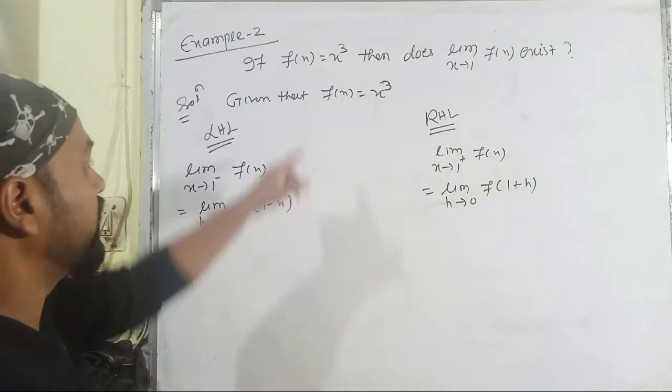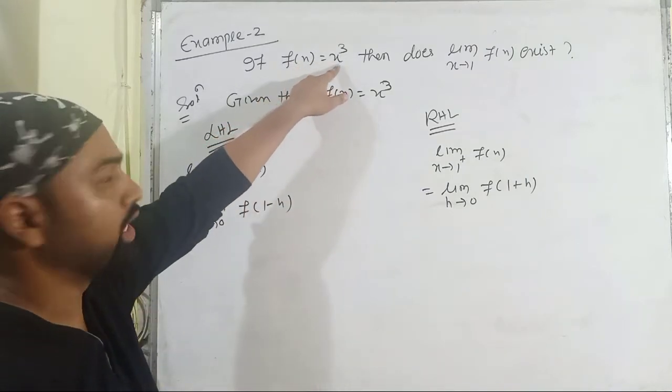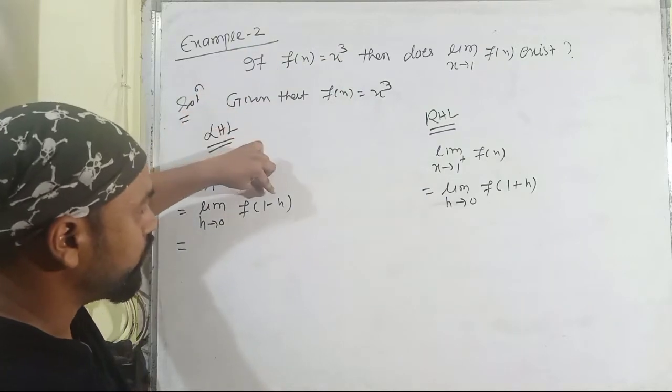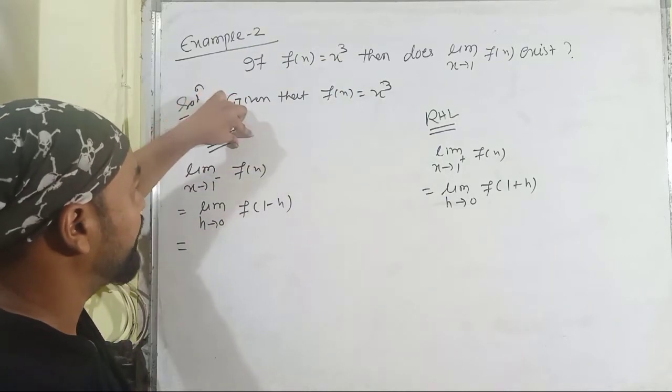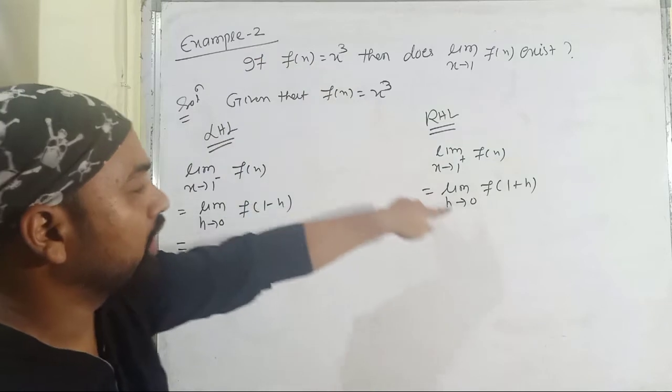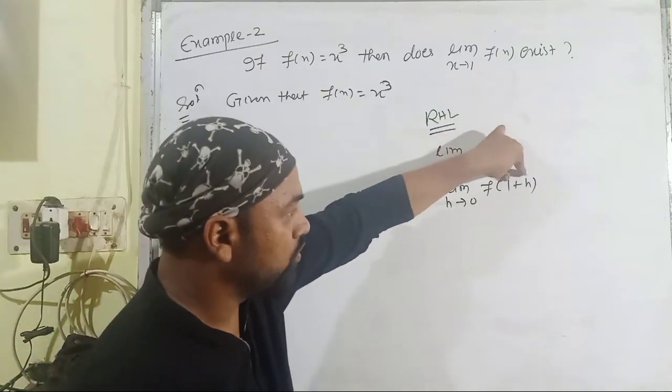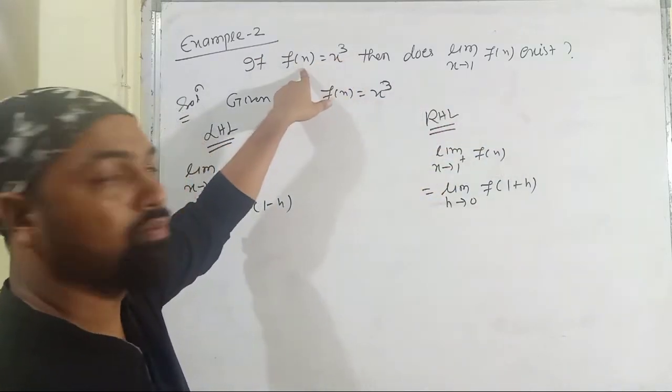Here the value of f of x is x cube, and we have to substitute 1 minus h for the left hand limit in place of x, and in the right hand limit we have to substitute 1 plus h in place of x.